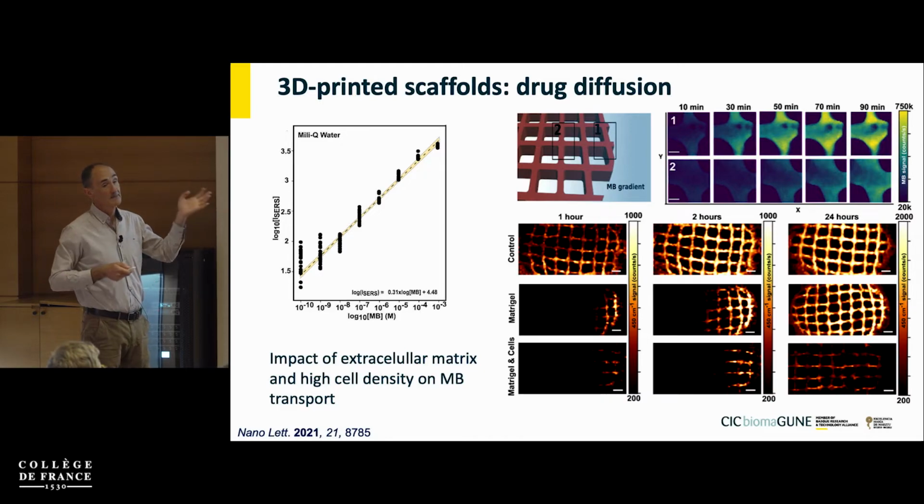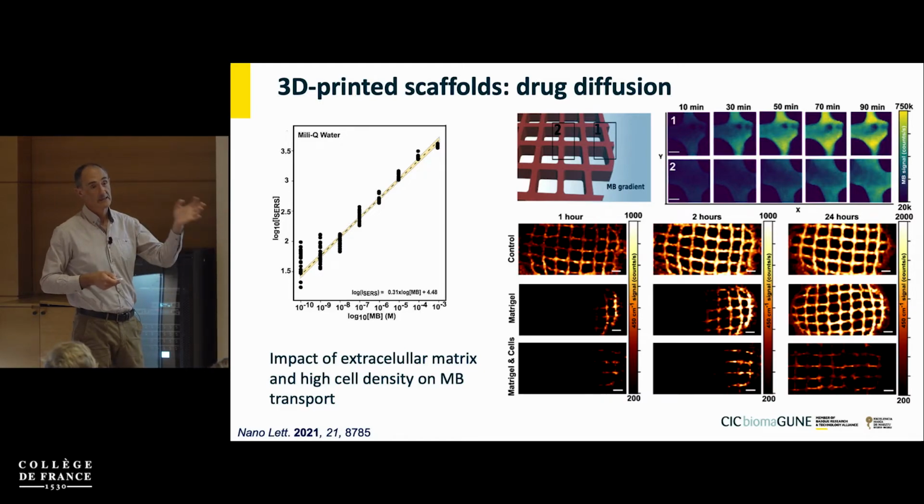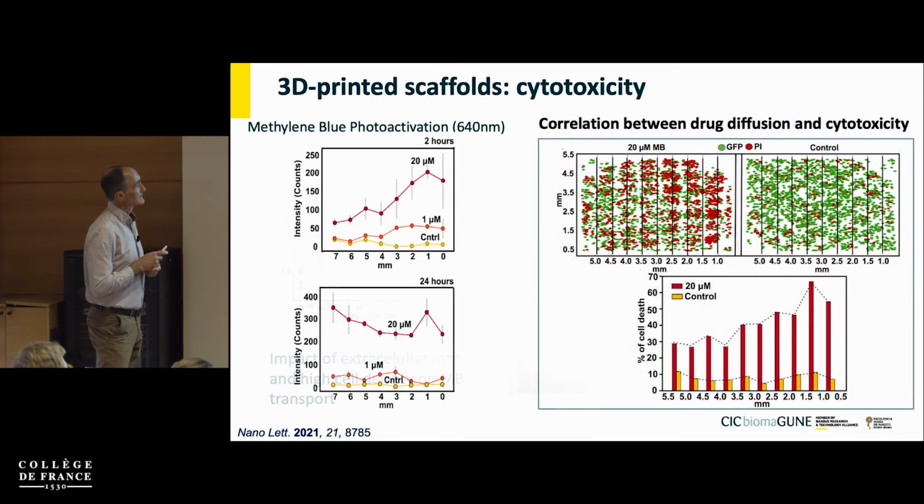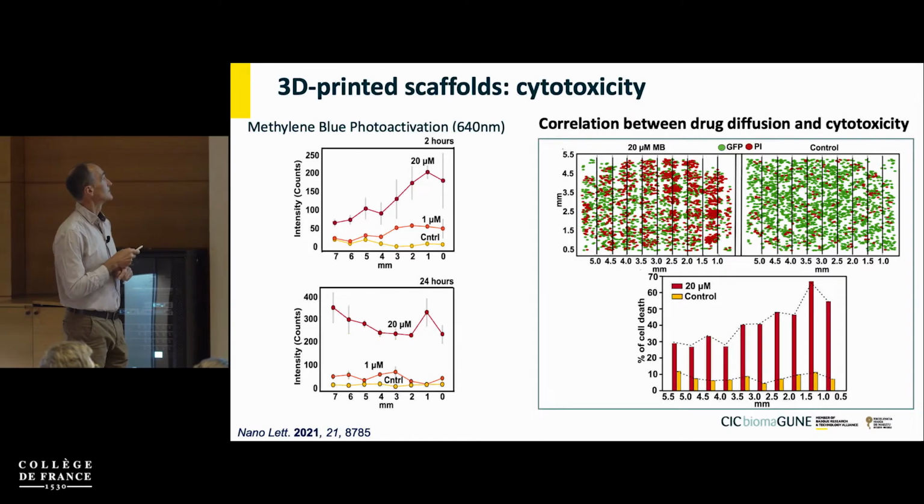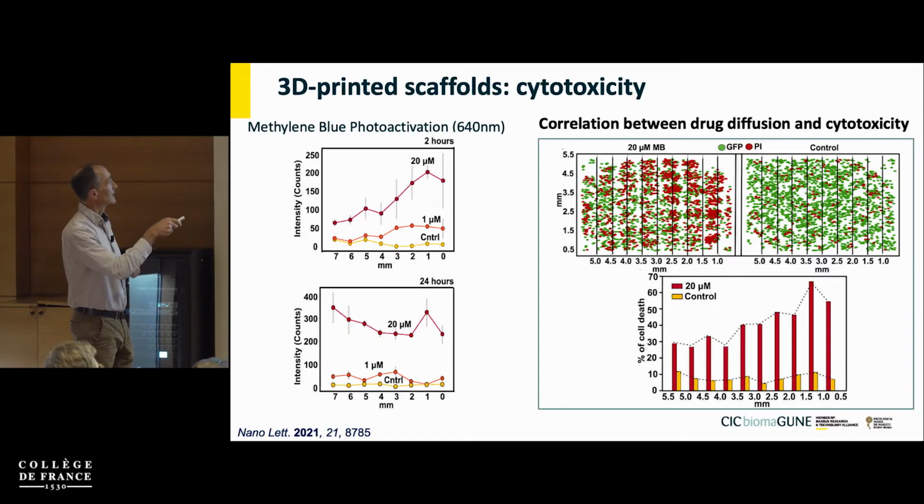And so this is quite nice because now we can watch how the cells will die if we do the irradiation. And so this is what you see here summarized. This is the intensity of the Raman signal over space after 2 hours for different concentrations of the methylene blue or the control.